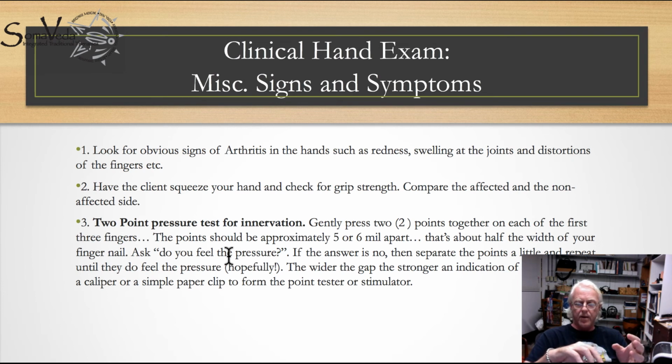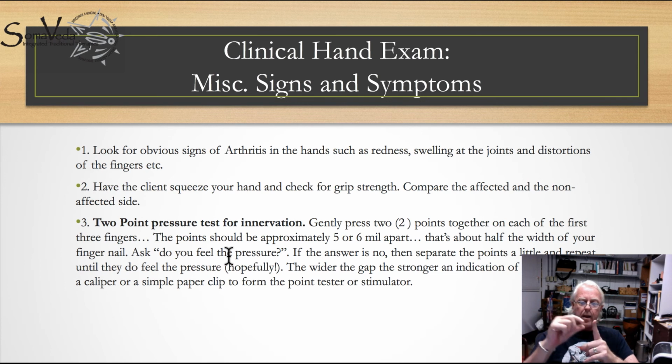Now, some Oriental therapists and some Thai therapists actually grow their thumbnail long and have it sharpened to a point. Same with the index finger. And they'll actually take their fingers like this to create the 2 points with their fingernail and push in. I'm not recommending that, even though it's actually traditional. Okay. Another thing you can use is a 2-tined fork.